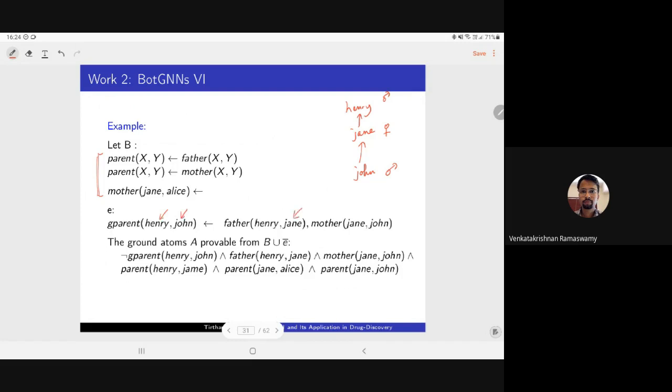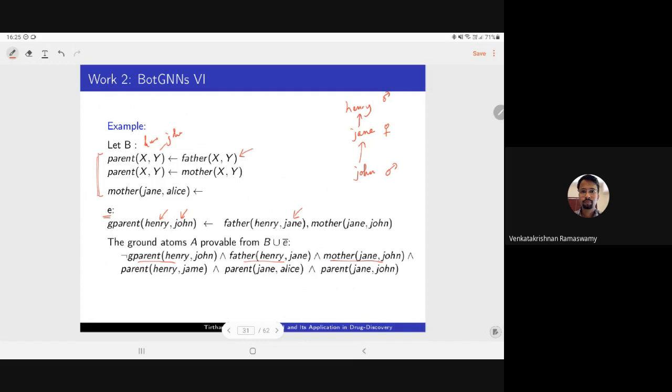It will take those terms and see what relations can be found. If we replace X with Henry and Y with John, will this relation be true or not? If it is true, then bring it into the description of B. Otherwise, not. So it will try to find all those relations in B which are true for this particular example. Here, what we found is grandparent, and father and mother were already there.